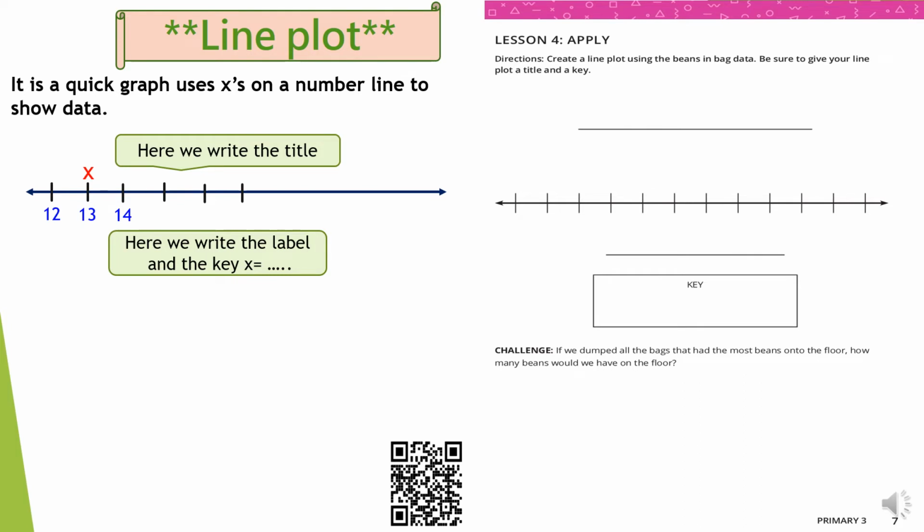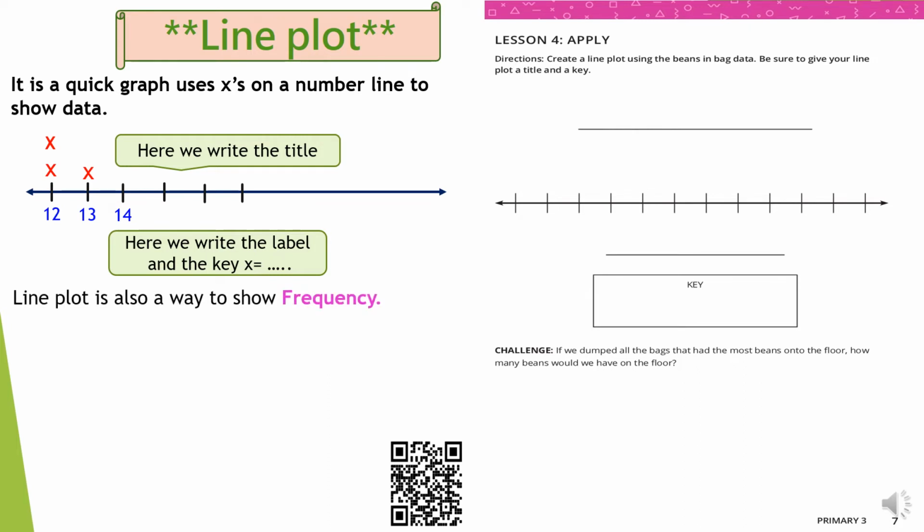Here, if we put an x on 13, it means the frequency of 13 is 1. And if we put 2 x's on 12, it means the frequency of 12 is 2.